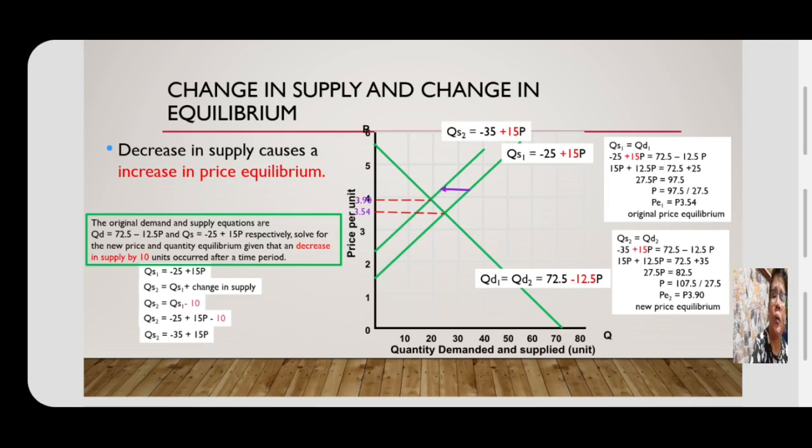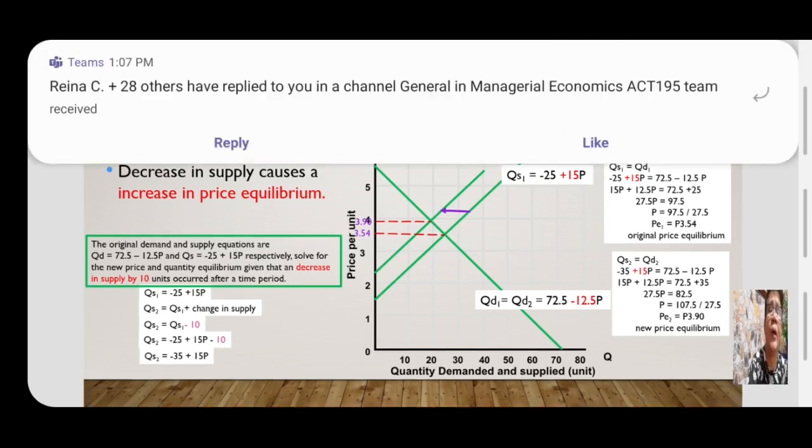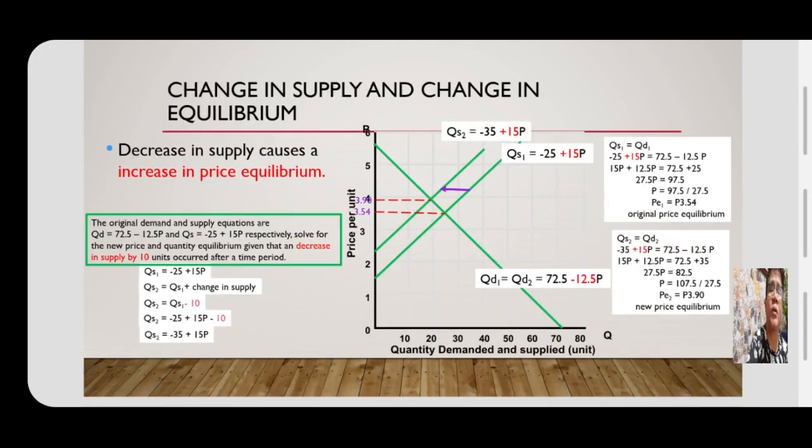The original supply equation is negative 25 plus 15P, while the change in supply is a decrease of 10, so we will introduce negative 10. Therefore, the new supply equation is QS1 minus 10, which is negative 25 plus 15P minus 10. So simplifying, we now have QS2 equals negative 35 plus 15P.